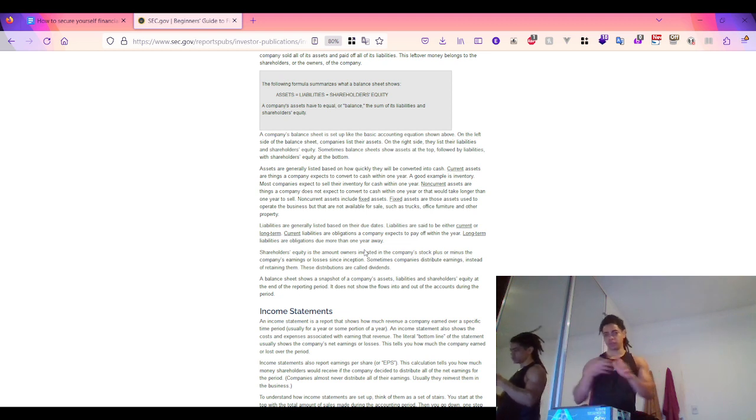So the operating activities reconcile the net income, okay, for any non-cash items that affect the statement, or for any cash that was used or received from operating activities.